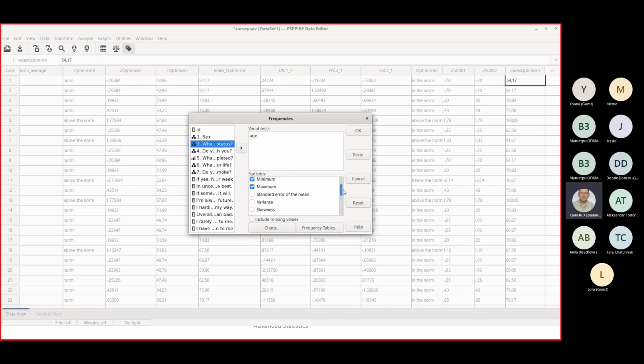Now I will choose another one, variance, because this is our first time of calculation of these descriptive statistics. We will see that variance is difficult for interpretation, and after that we will skip it. But now I will check also variance here.